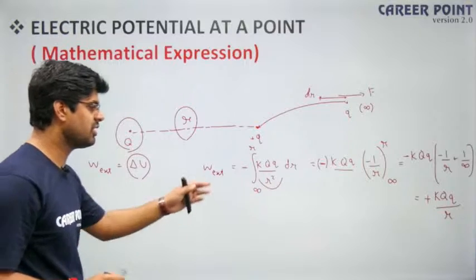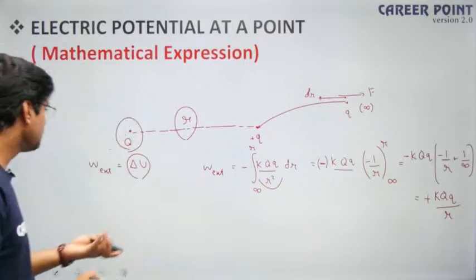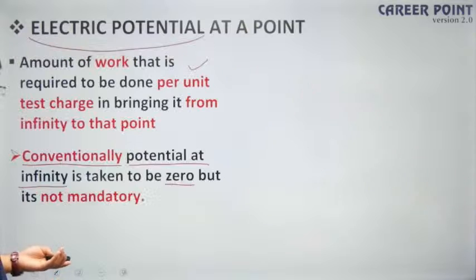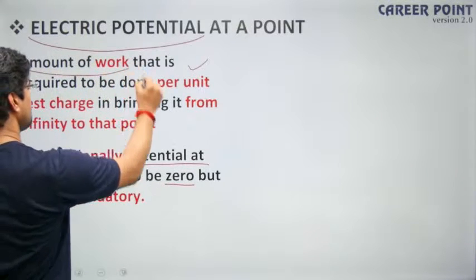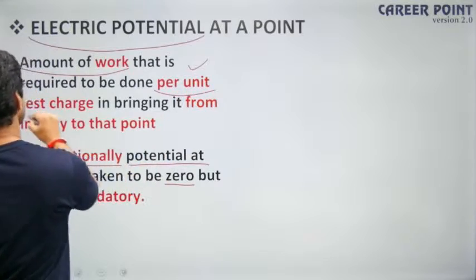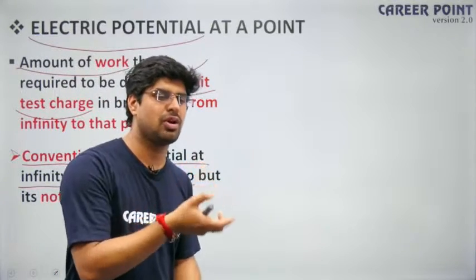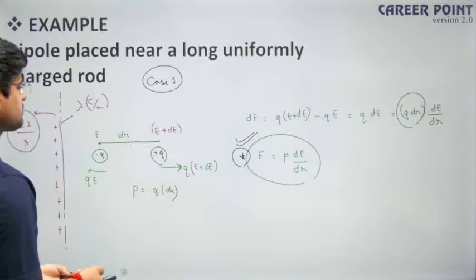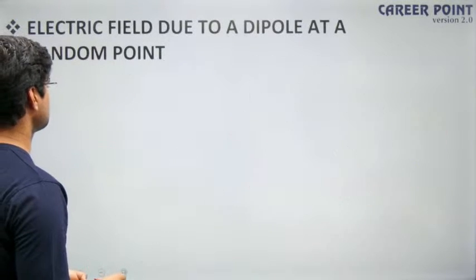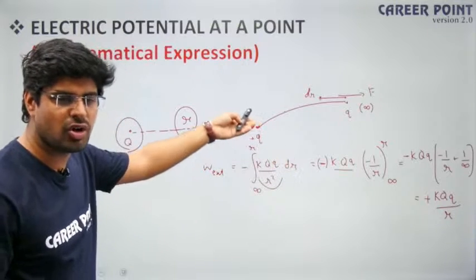So from here I can say, according to the definition we had written, the amount of work per unit test charge. That means I will divide the work done by the amount of test charge, and I already know the amount of test charge: small plus q.